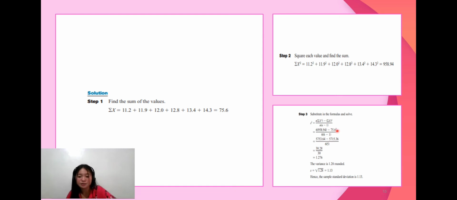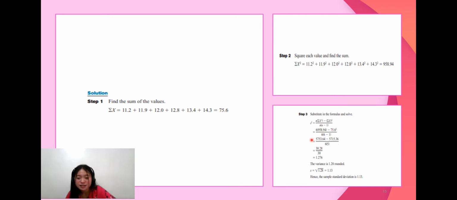6 times 958.94 ni come up sa 5,753.64. Then minus the square of 75.6 ni come up sa 5,715.36. Then kining 5 atong siyang gikuha sa n-1 which is 6 minus 1. Atong na siyang i-times, mahimo na siyang 30.